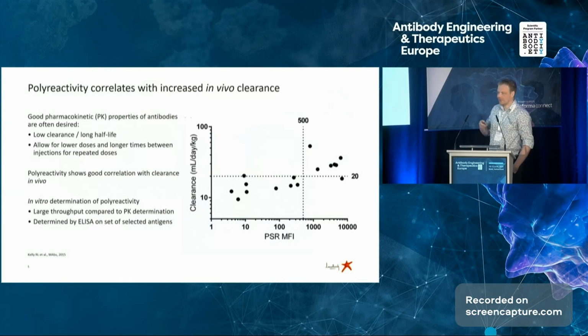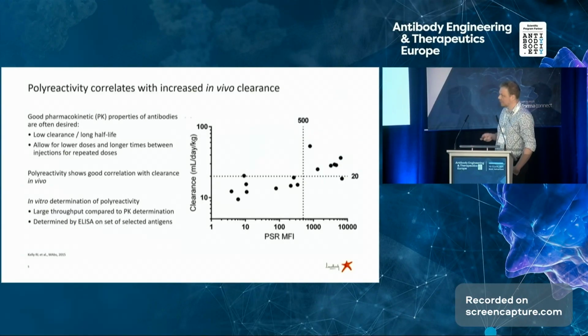So one of the reasons why polyreactivity is also an undesired property is that it's correlated with increased in vivo clearance. So basically a poor PK profile. And of course, we would like to have a good PK profile of our antibodies. We want to have low clearance. We want to be able to dose less frequently and also to allow for lower doses.